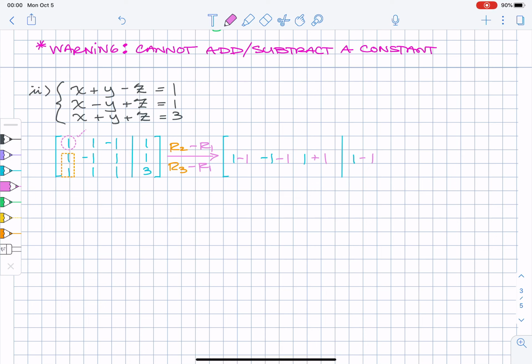Now row 3 is going to be 1 minus row 1, 1 minus row 1, 1 minus a negative, so plus 1, row 1, and 3 minus row 1, where row 1 just is the same. So namely 1, 1, -1, 1.